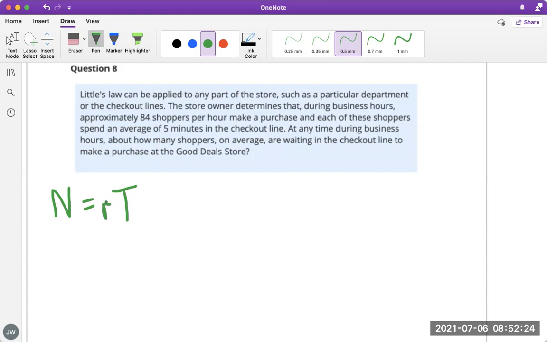R is the number of shoppers entering the checkout line per minute. And I'm going to write here, R is going to be shoppers per minute.